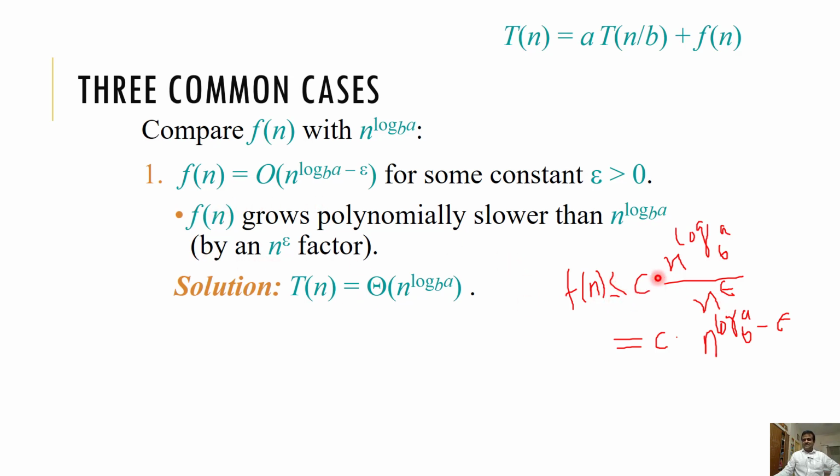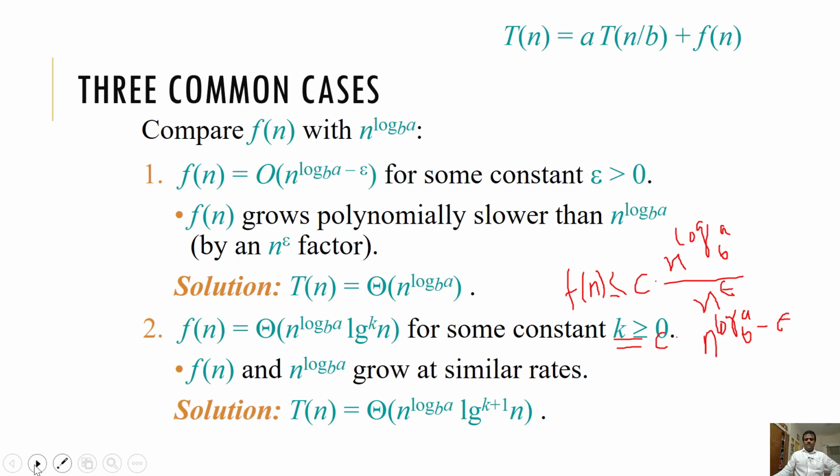So Fn is less than some constant c times this, which is big O of this term. Then the solution is theta of n to the power log a base b. So this is case 1.